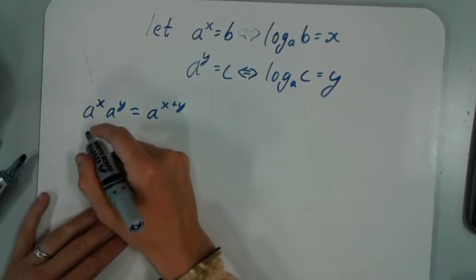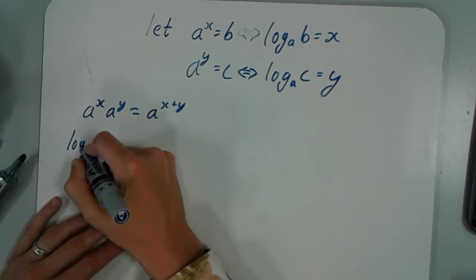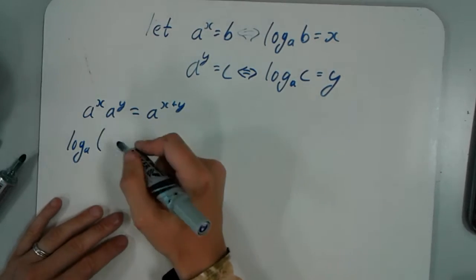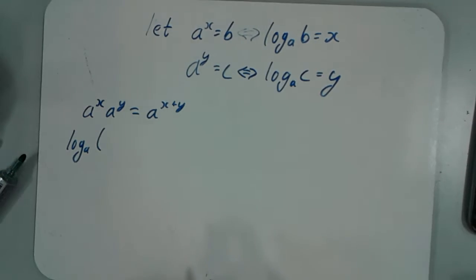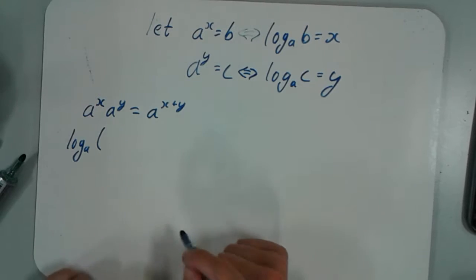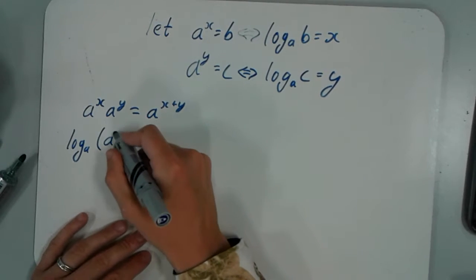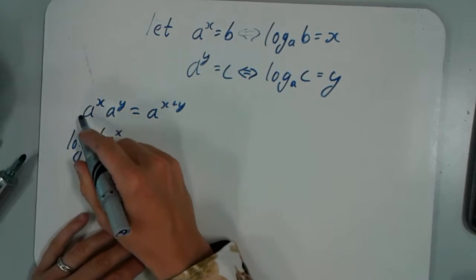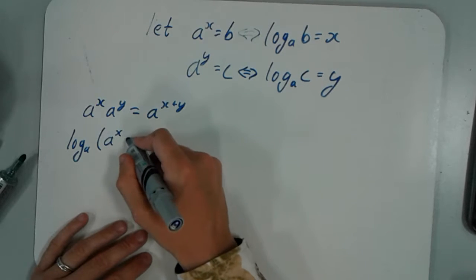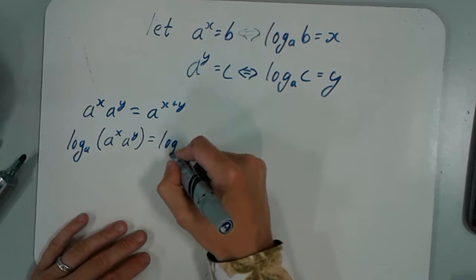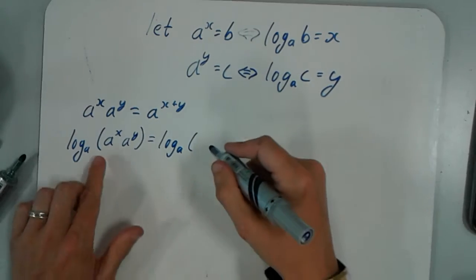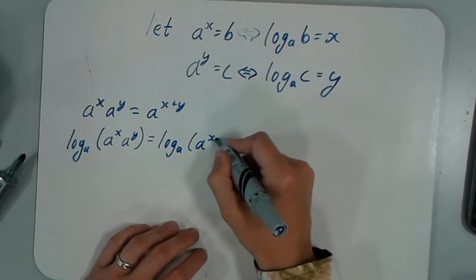Okay, let's take logs of both sides. I'm going to choose log base a, as these are both a to the power of something. If I take logarithms, I just put everything on the left-hand side inside a logarithm and everything on the right-hand side inside a logarithm. I must use the same base on both sides.